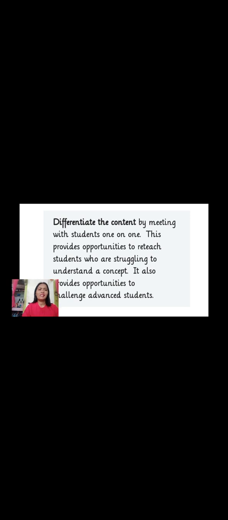Differentiating the content is done by meeting with students one-on-one. This provides opportunities to reteach students who are struggling to understand a concept. It also provides opportunities to challenge advanced students. These are examples of differentiating the content.